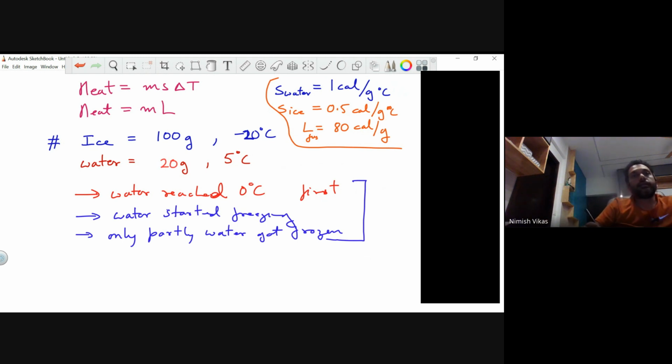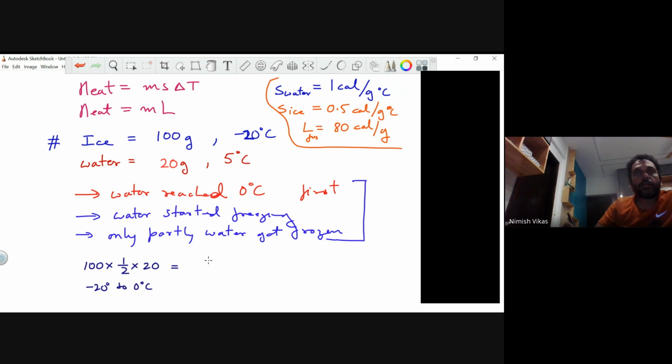Okay, since the time is up, I'll write the logical equation. From the ice side, ice went from minus 20 to 0 degree Celsius. So it is M, which was 100, into S, which was half, into change in temperature, which is 20, a positive number. This is the ice side story, who's taking the heat. And water is giving the heat.